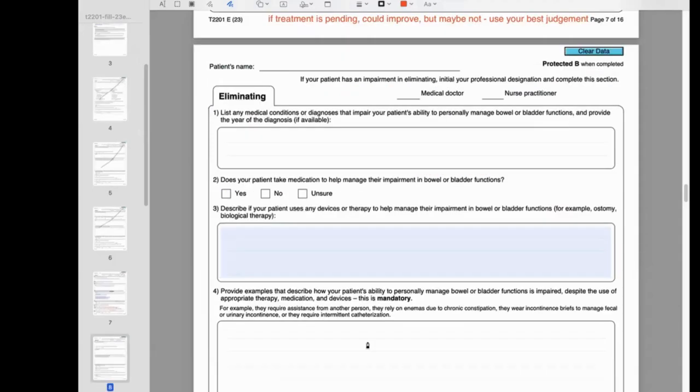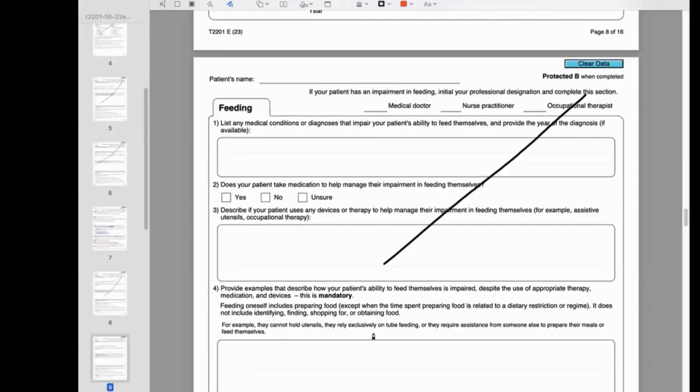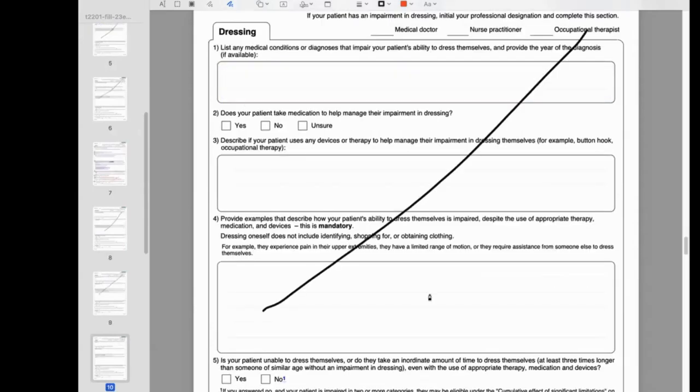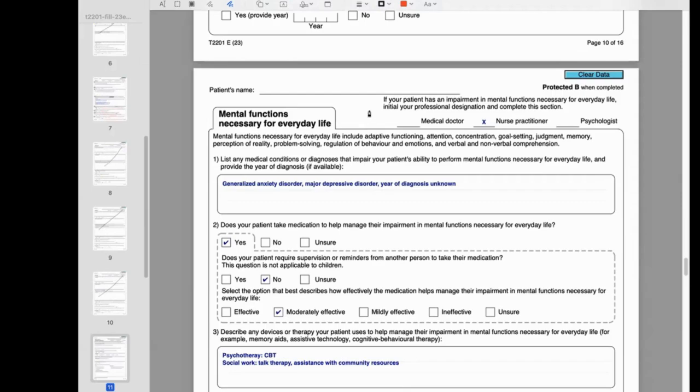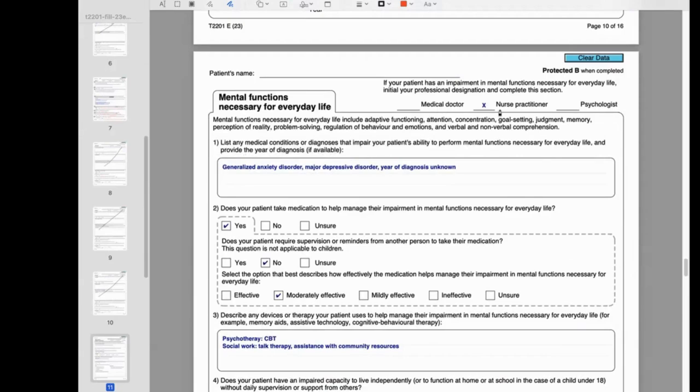So scrolling through, we'll use one more example here. Let's say we're crossing off feeding and eliminating because that's not an issue for our patient. They do identify one more limitation that they might have or they believe they have. So again, a medical doctor, NP, or psychologist can complete the mental functions necessary for everyday life.